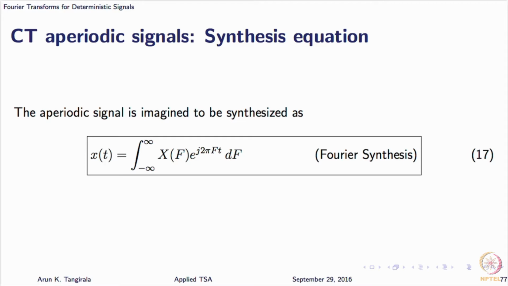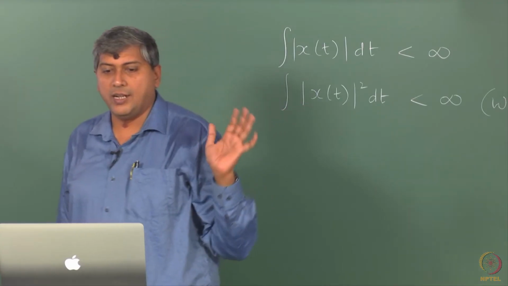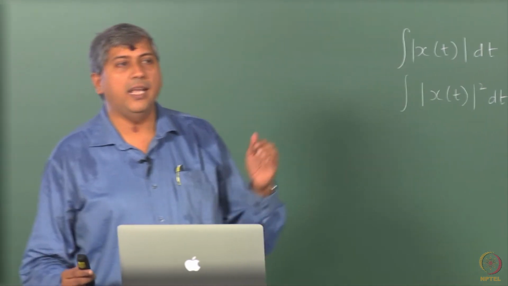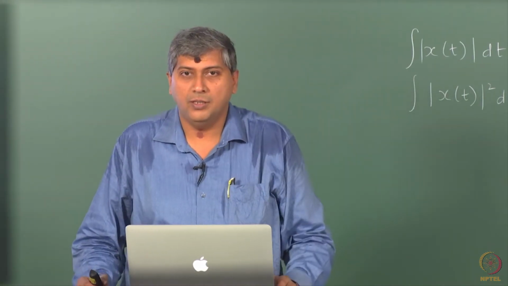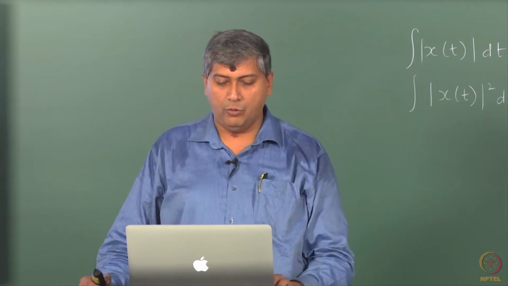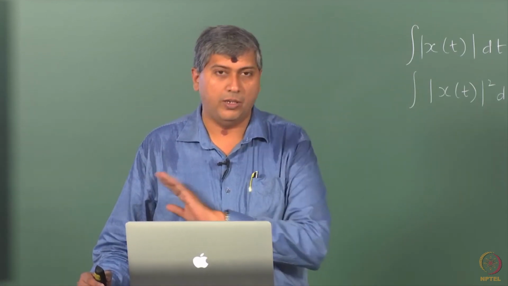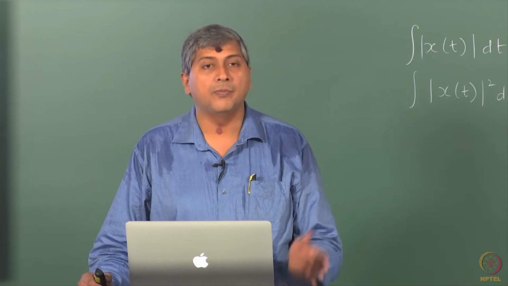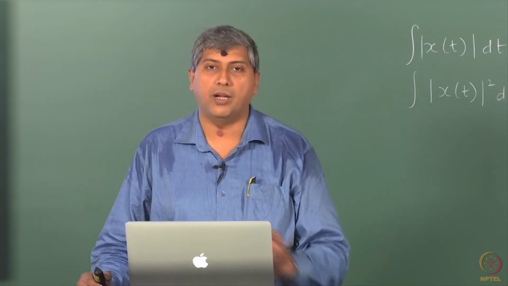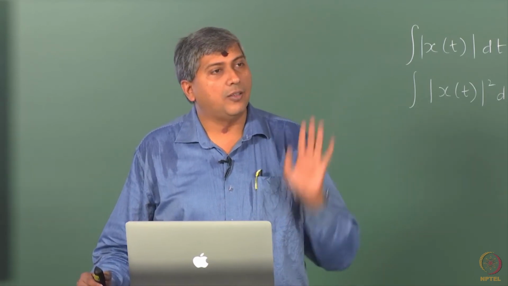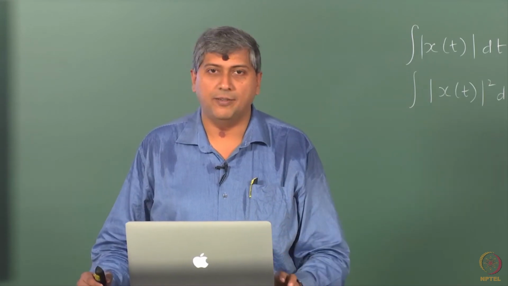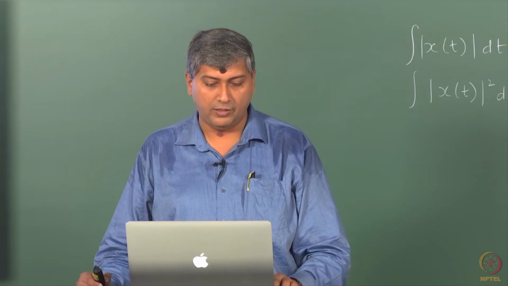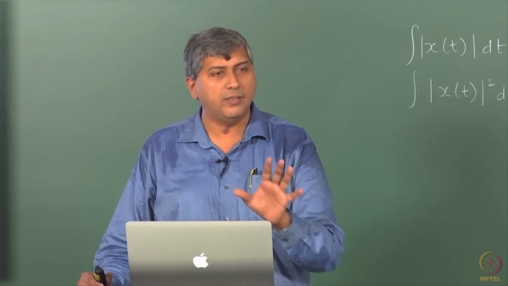The weaker condition says that as long as the signal has finite energy, the integral squared error will go to 0 as f goes to infinity, that is, as you include more and more frequencies. Whereas the first one is a strict one; it says basically that as long as the signal is absolutely convergent, this integral will get you the signal of interest. Anyway, those are existence conditions.